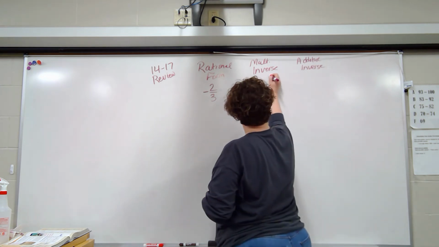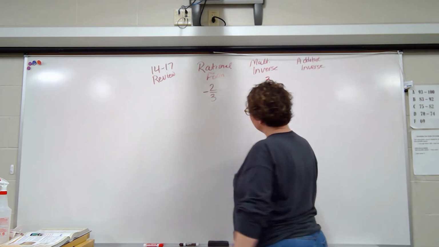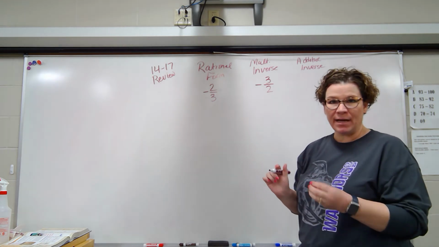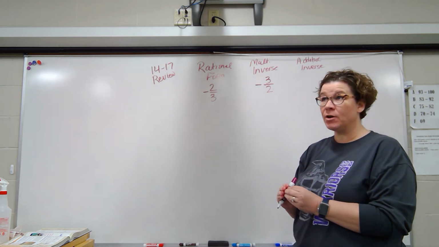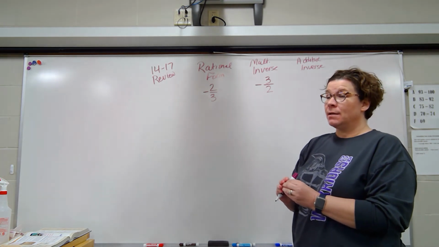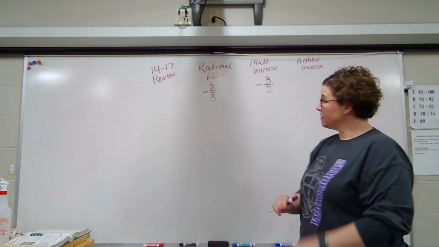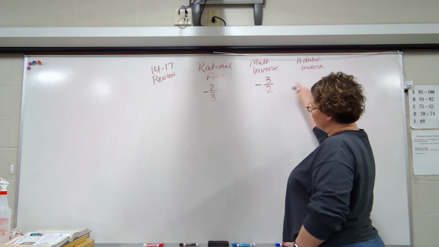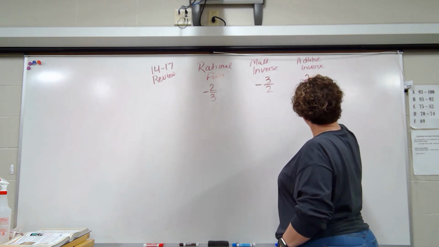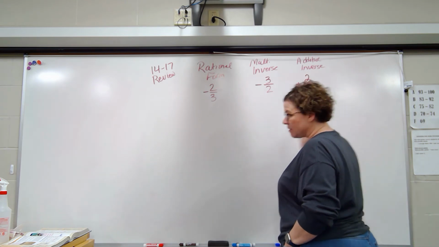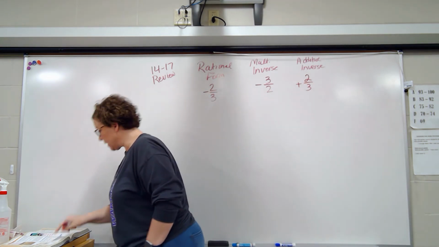So it's gonna be negative 3/2, because when I multiply a negative by a negative, I get a positive. And the result has to be positive 1. And then the additive inverse, if I'm subtracting negative 2/3, I'm gonna add 2/3. That's the answer to number 14.